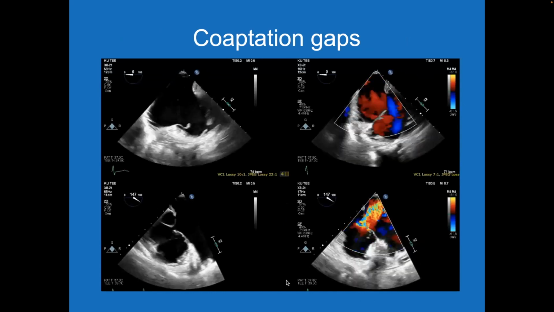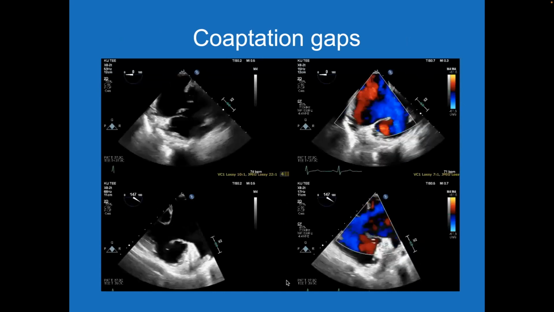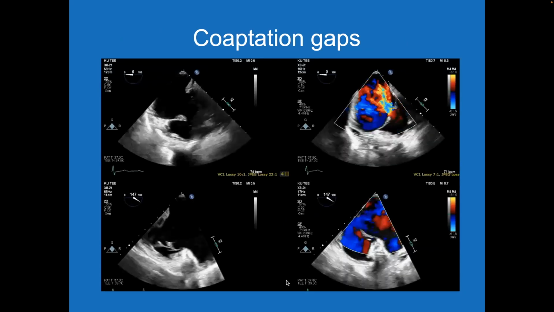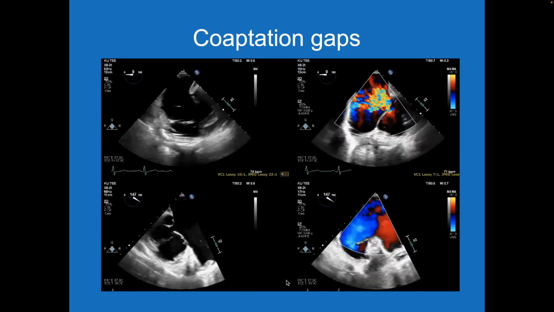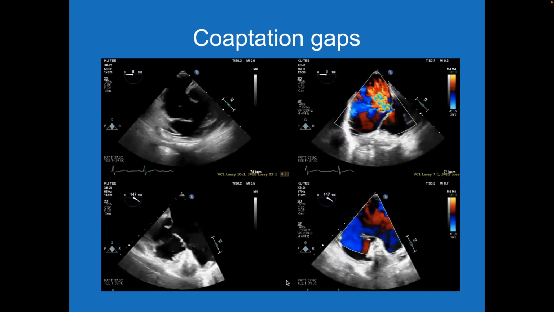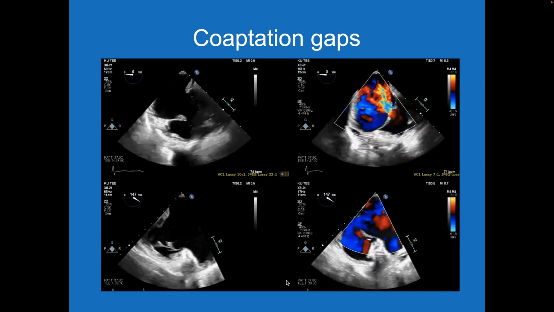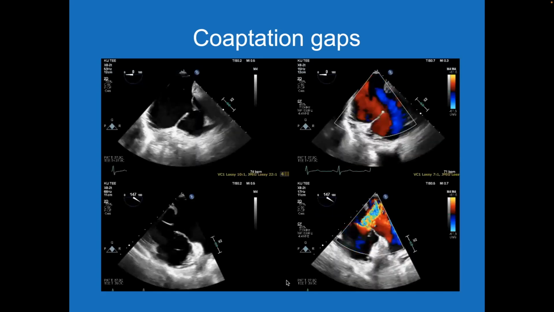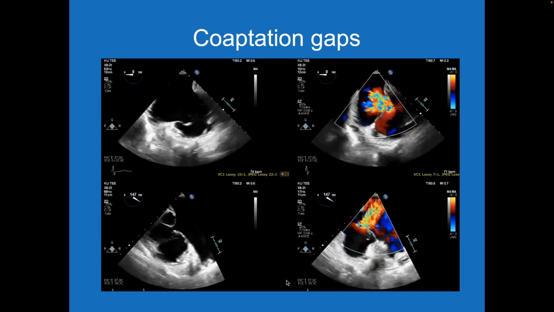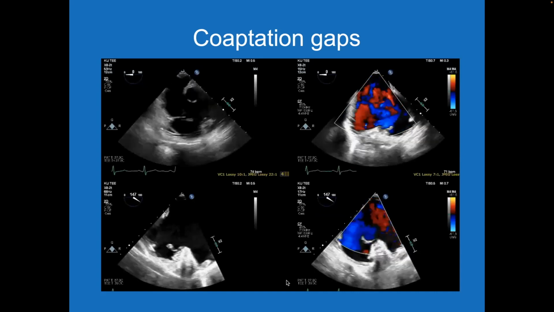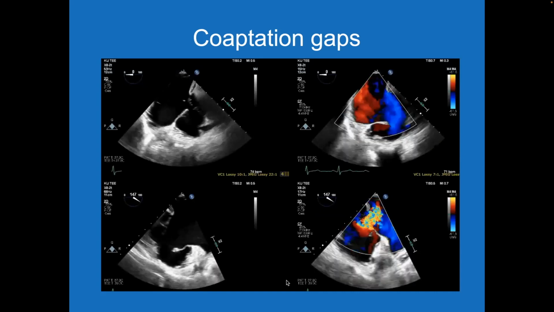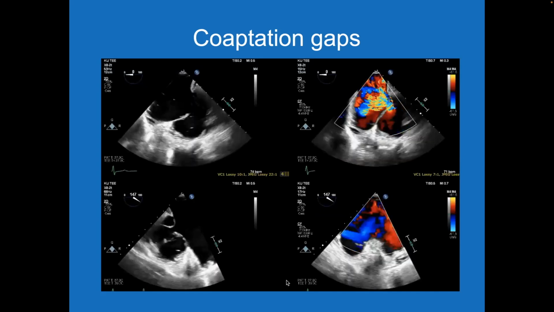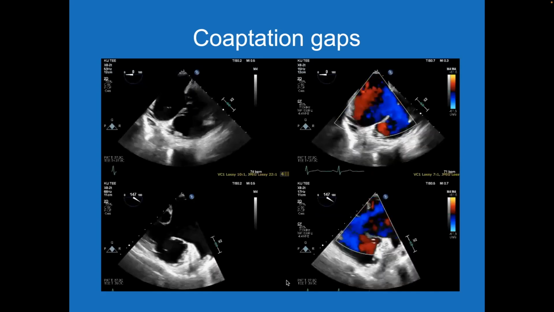It's important to understand when you're doing a clipping procedure that, yes, you're clipping the leaflets together, and that's creating coaptation, but what you're also doing is pulling the annulus closer together, so the remaining parts of the leaflets come into closer proximity and have the opportunity to coapt. So you're actually doing an annuloplasty, as well as pulling leaflets and coapting next to where the clip is.